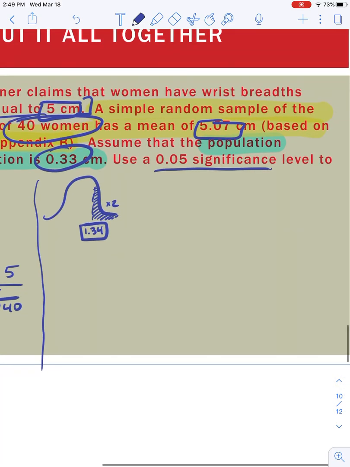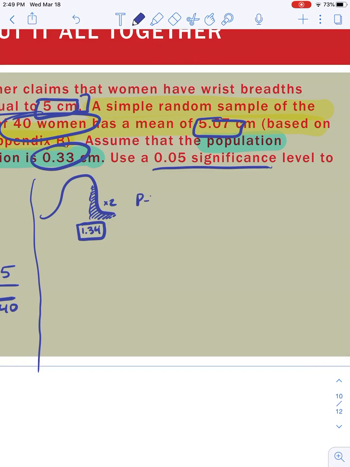So our p-val here is going to be our normal CDF. We're going to go to the right, so 1.34, comma 10, comma 0, comma 1, and then we're going to take that answer and we're going to multiply it by 2. We can actually do this all in our calculator at once. Start typing in your normal CDF, so second distribution, normal CDF.